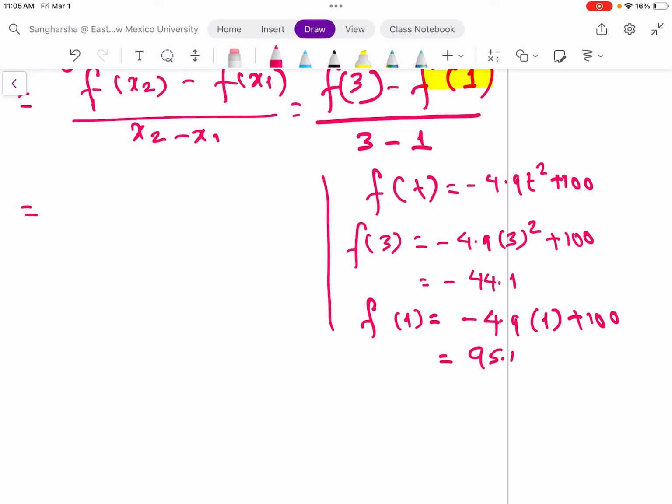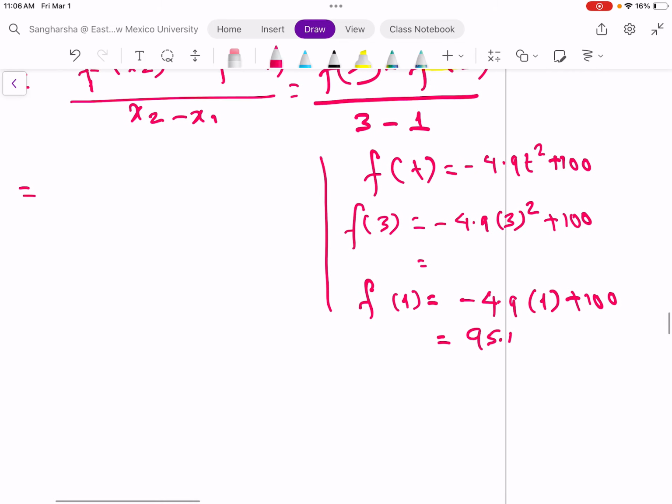Do we get a negative for f of 3? We have to add the 100, don't we? Yes, so if we add 100, we get a positive. Let me get the final answer. What is negative 4.9 times 3 squared plus 100? It is 55.9. So f of 3 is 55.9 and f of 1 is 95.1.